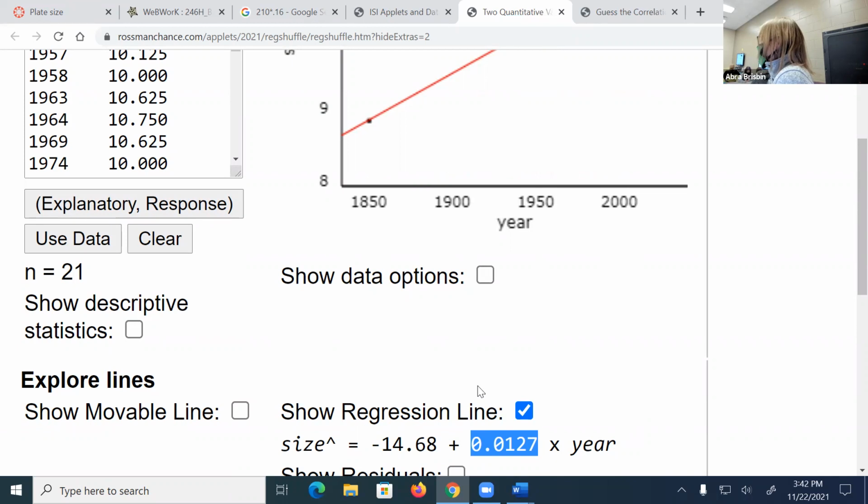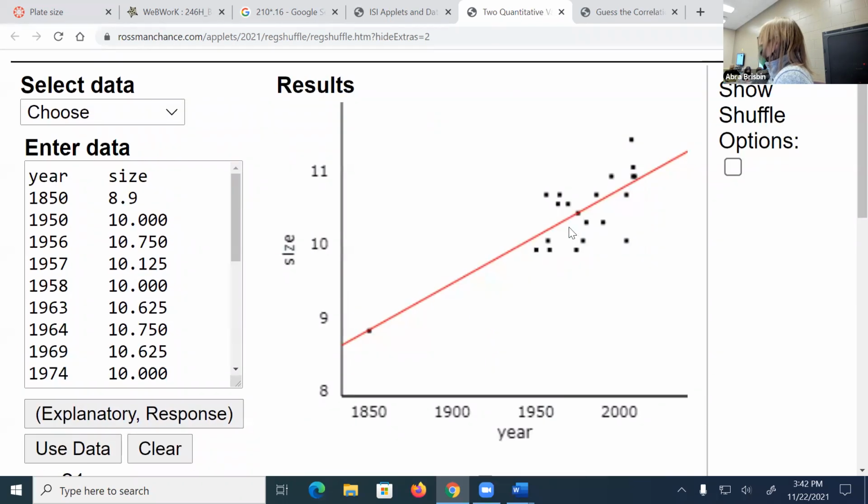So this is not an outlier in terms of the trend of the data. And that's something that's interesting about linear regression, is that you can have a point that's an outlier in terms of the variables separately, that's not an outlier in terms of the trend or the relationship.